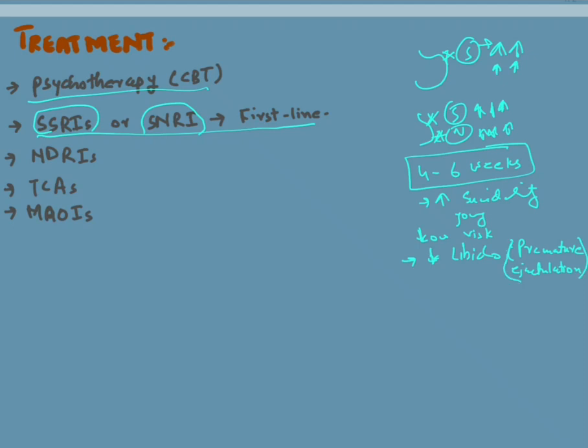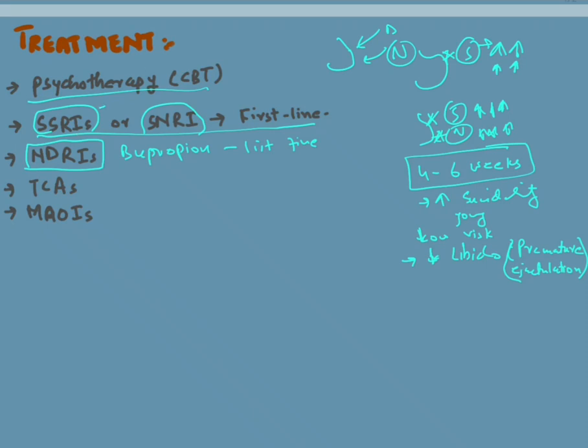Then we have another class, which is the norepinephrine dopamine reuptake inhibitors. They will block both dopamine and norepinephrine, and this includes, for example, bupropion. Remember, it is also first line, but first you have to give SSRIs. They are at the top.